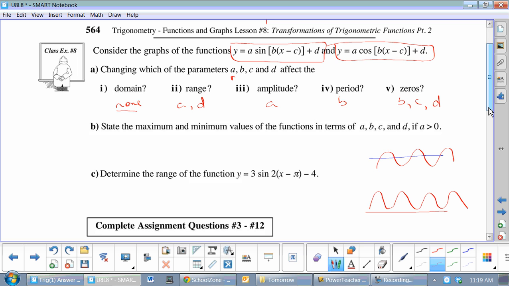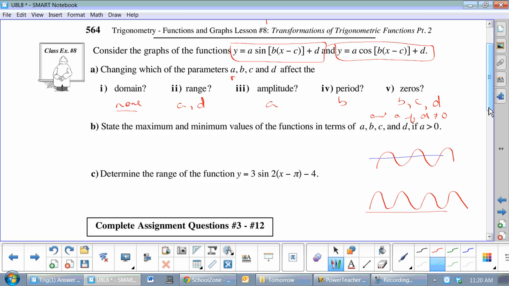So the true answer is all of those and A if D does not equal 0. So if that thing is anywhere else and I do a stretch on it, I do affect the zeros.